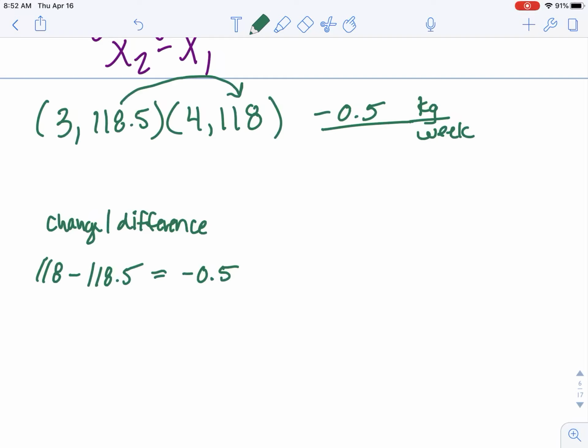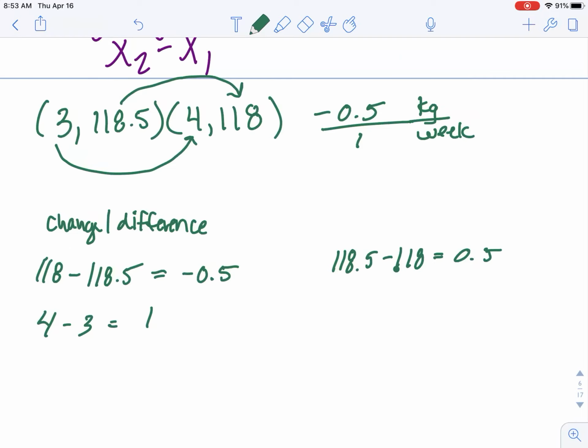Then we looked at our change, our difference between 3 to 4. That was 1. And that is saying 4 minus 3 is our difference of 1. You get negative 0.5 over 1. Had you done it the opposite way and said 118.5 minus 118, you'd get 0.5.